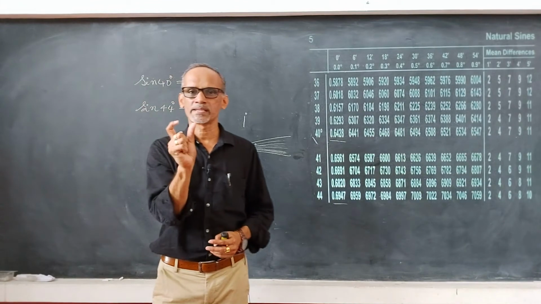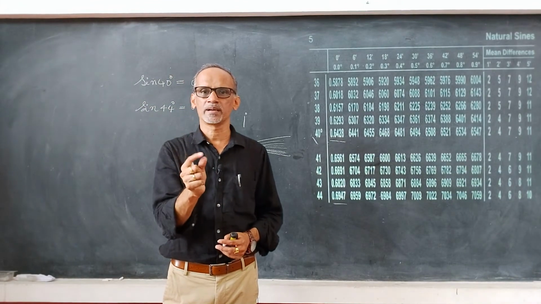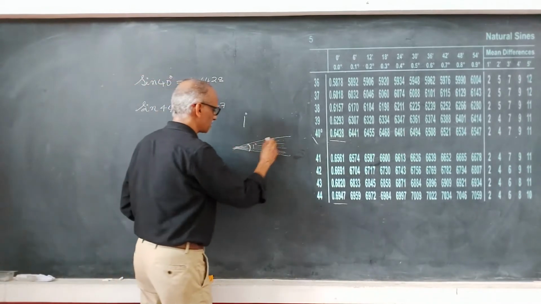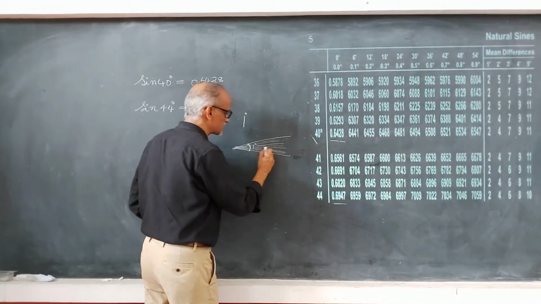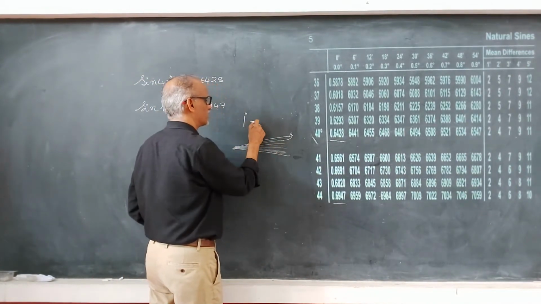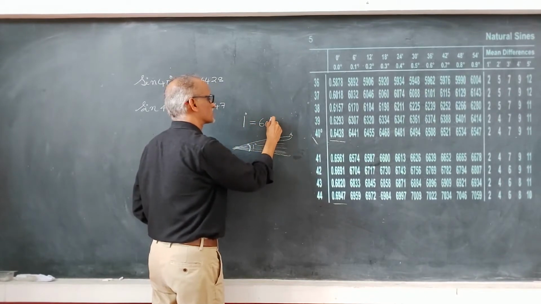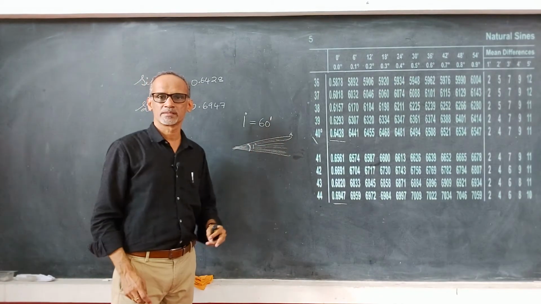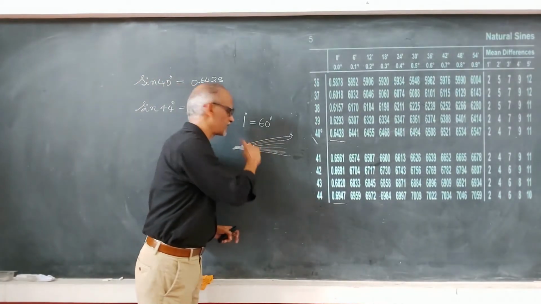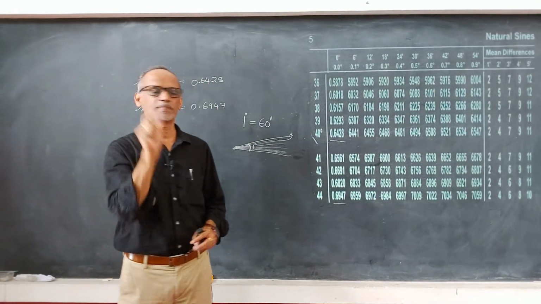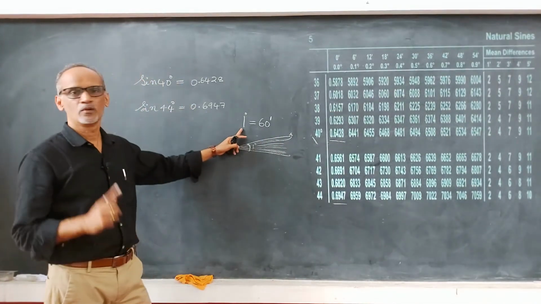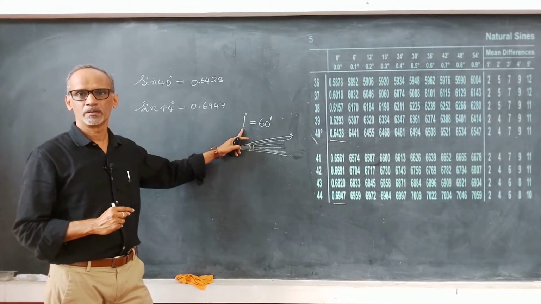Similarly, 1 centimeter I can split into 10 parts and every part is called a millimeter. Similarly, 1 degree can be split into small parts and every small part is called a minute, and we write like this. 1 degree is equal to 60 minutes. That means 1 degree is split into 60 parts and every part is called a minute, and 60 minutes makes 1 degree. I hope you are clear.